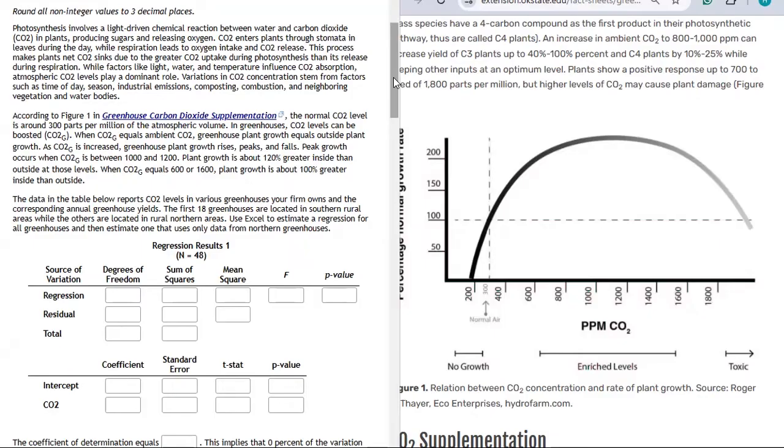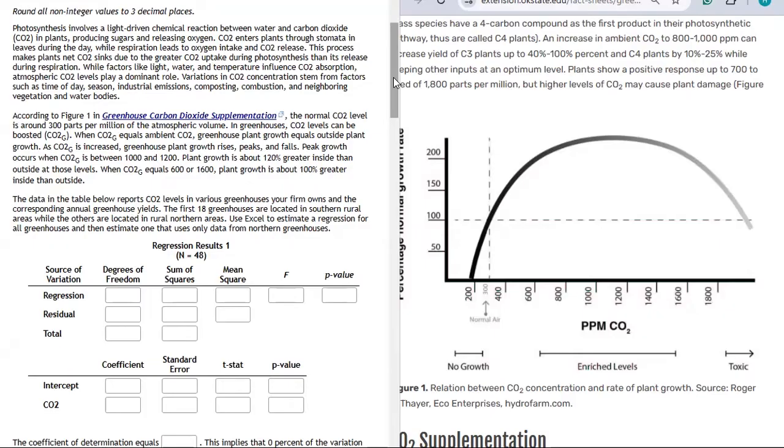Now, variations in CO2 concentration stem from factors such as time of day, season, industrial emissions, composting, combustion, and neighboring vegetation and water bodies. In this experiment, we're going to look at this relationship between CO2 and crop yield using an experiment where we have northern greenhouses and southern greenhouses.